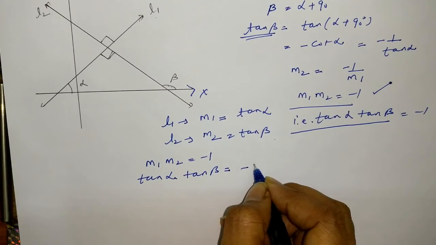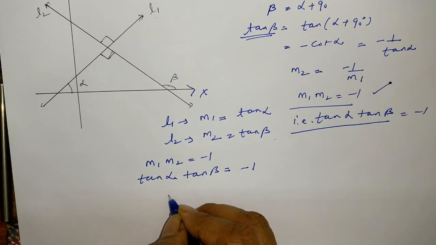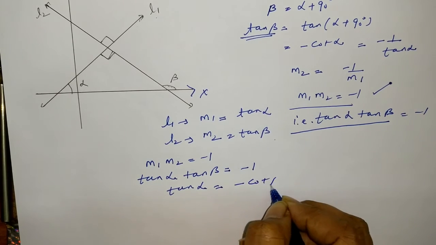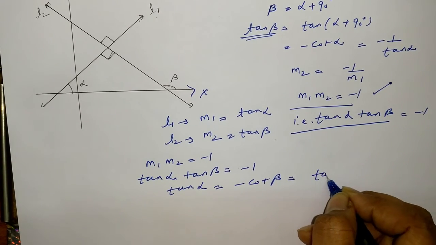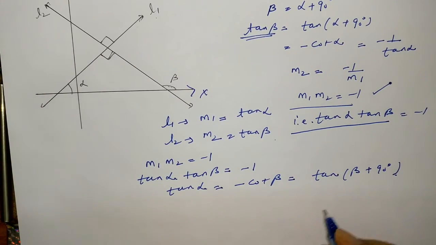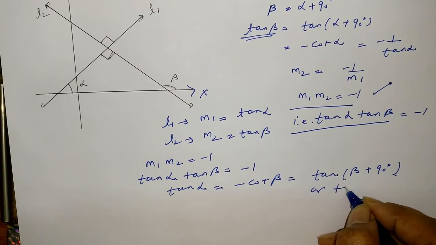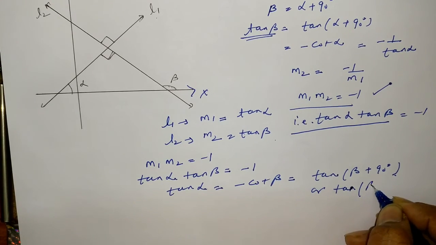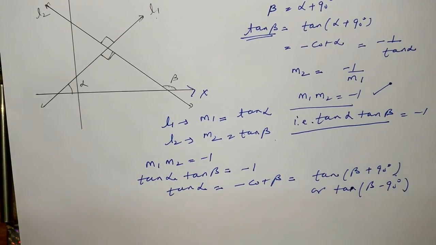And if we shift it to the other side, this is tan alpha is equal to minus cot beta, and it is tan of beta plus 90 degree. Or we can write it as tan of beta minus 90 degrees.